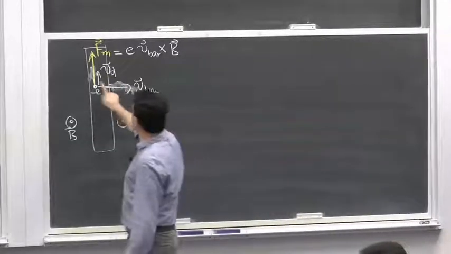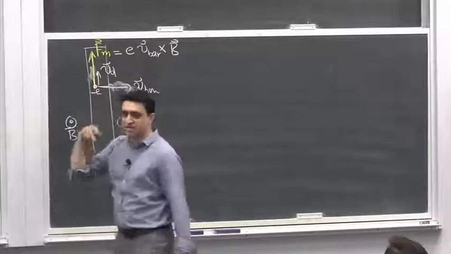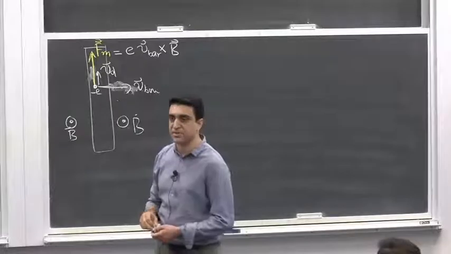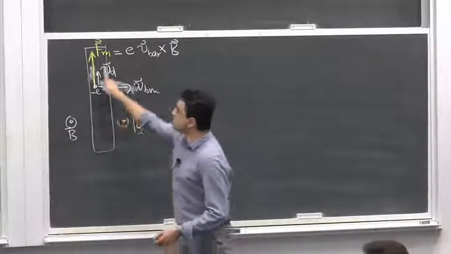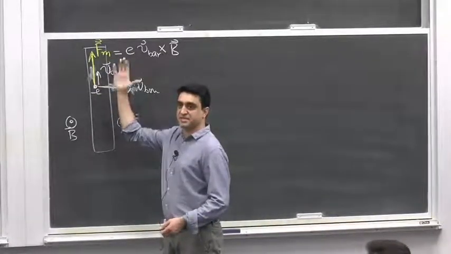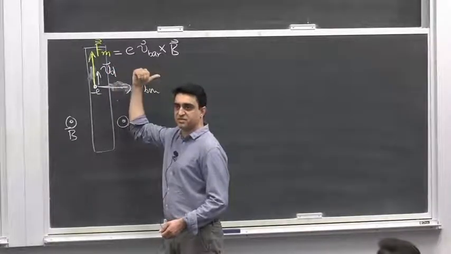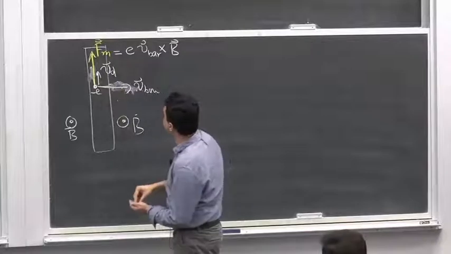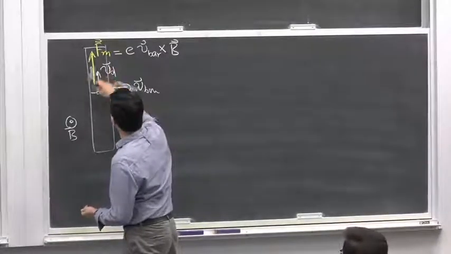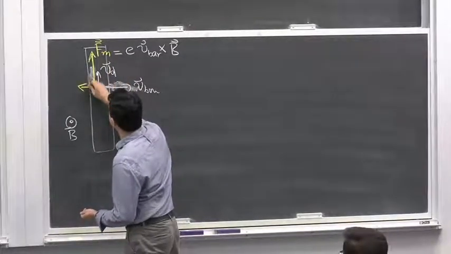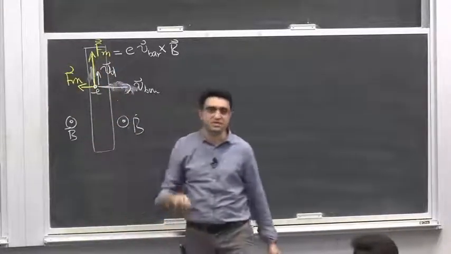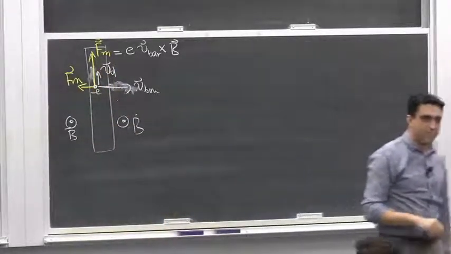And because you have a moving charge in this direction, you would have another force which would appear on this charge. And what would be the direction of that force? So you have velocity now in that direction, B is in that direction, so V cross B gives in this direction, but because the charge is negative, the force would be in that direction. And because the velocity is small, that force would be a smaller force. But again, it would be a magnetic force because it is exactly coming from the magnetic field.